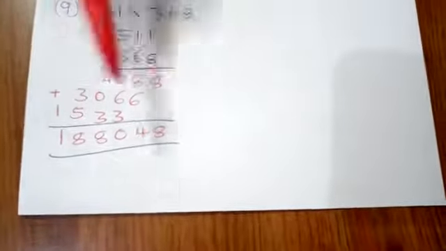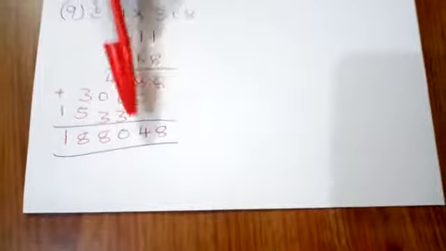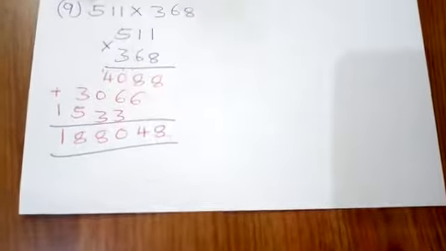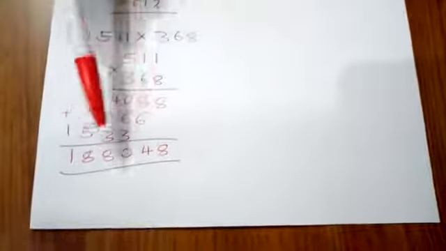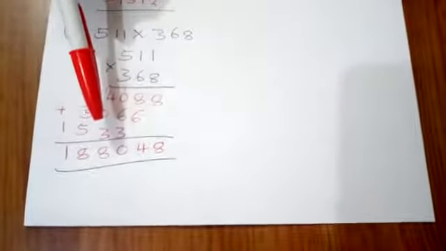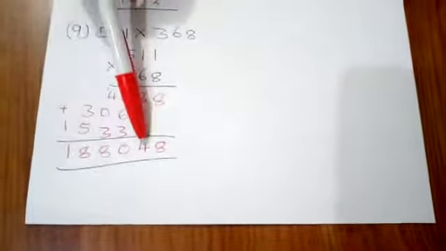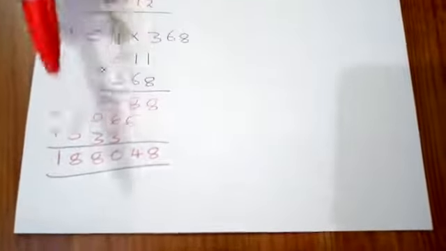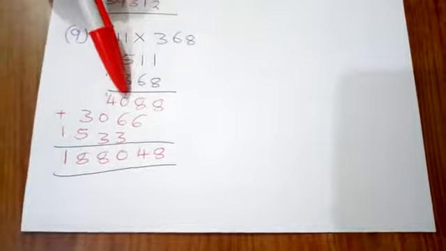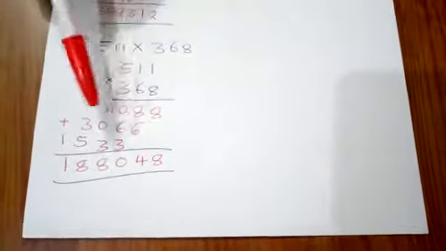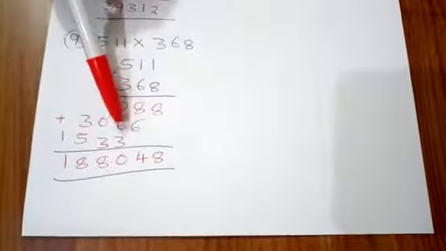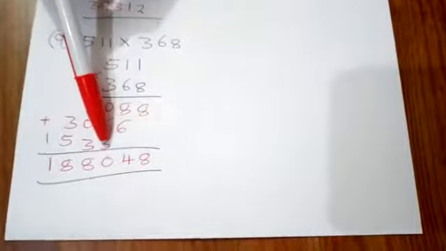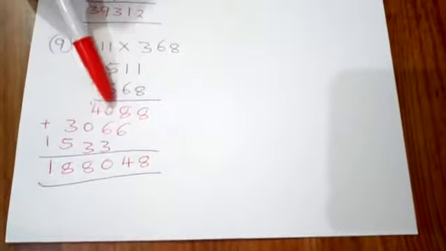The first one is 8 plus 0 will give us 8. 8 plus 6 will give us 14. So we write 4, we carry 1. Next, 0 plus 6 plus 3 will give us 9, plus 1 that was carried forward to get 10.